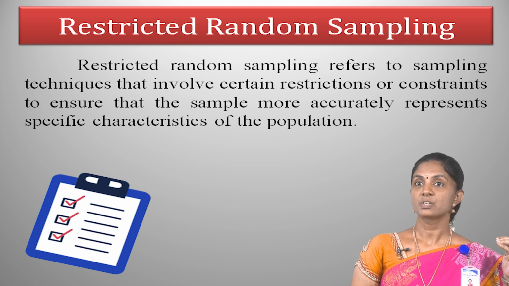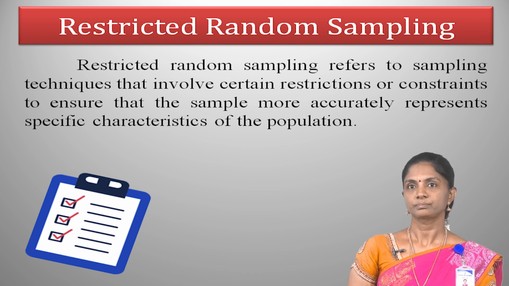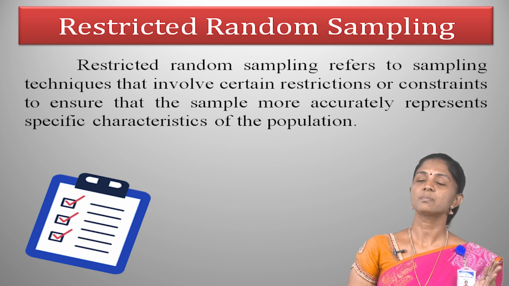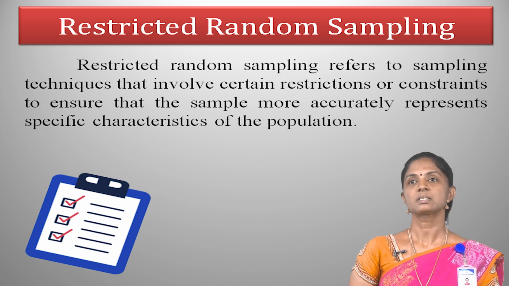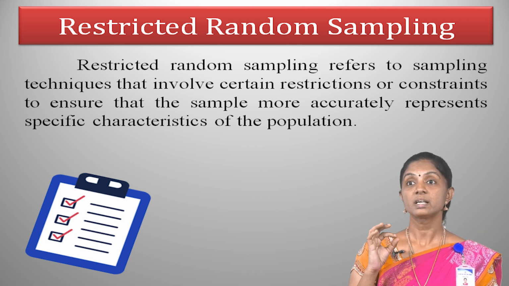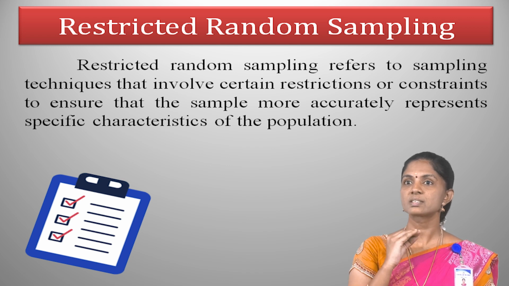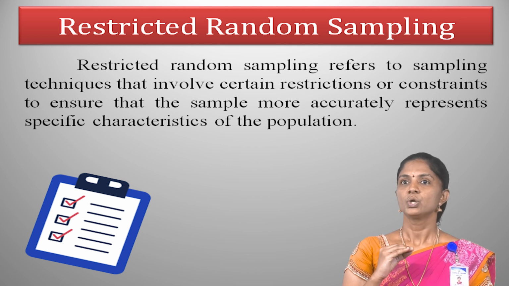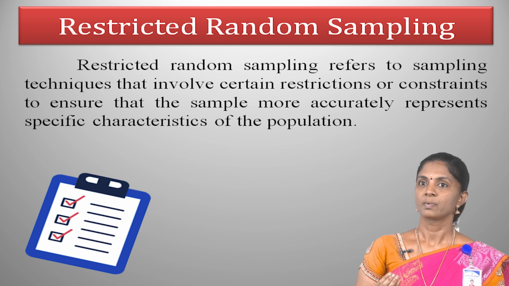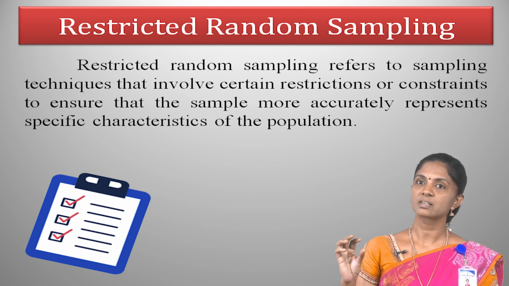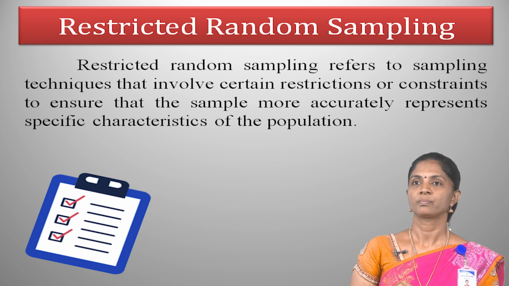Second one is restricted random sampling. So, restricted random sampling refers to sampling techniques that allow certain restrictions or constraints to ensure that the sample more accurately represents specific characteristics of the population.